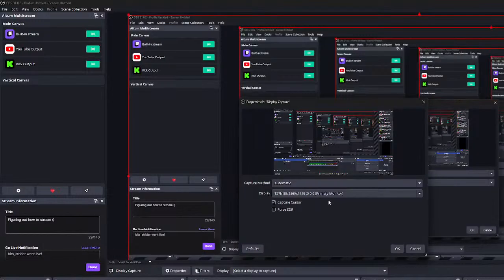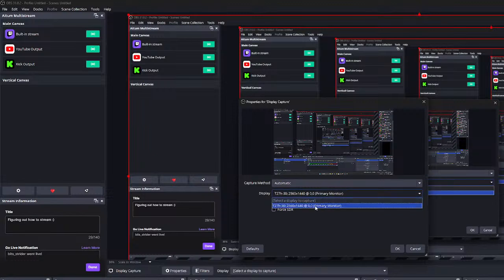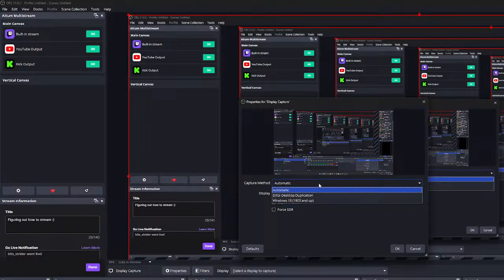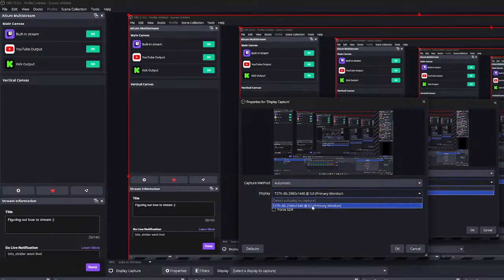Display capture. What happens? Which display is being captured? This one. Oh, yes. Cancel.